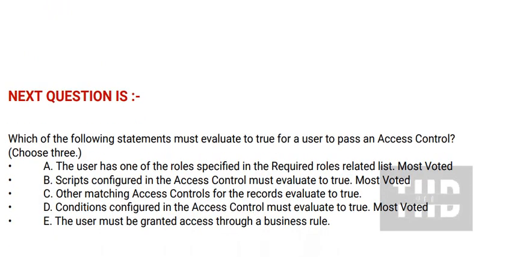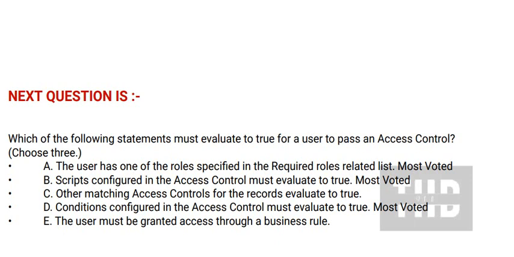Next question is, which of the following statements must evaluate to true for a user to pass an access control? Choose three options. Option A: the user has one of the roles specified in the required roles related list. Option B: scripts configured in the access control must evaluate to true.